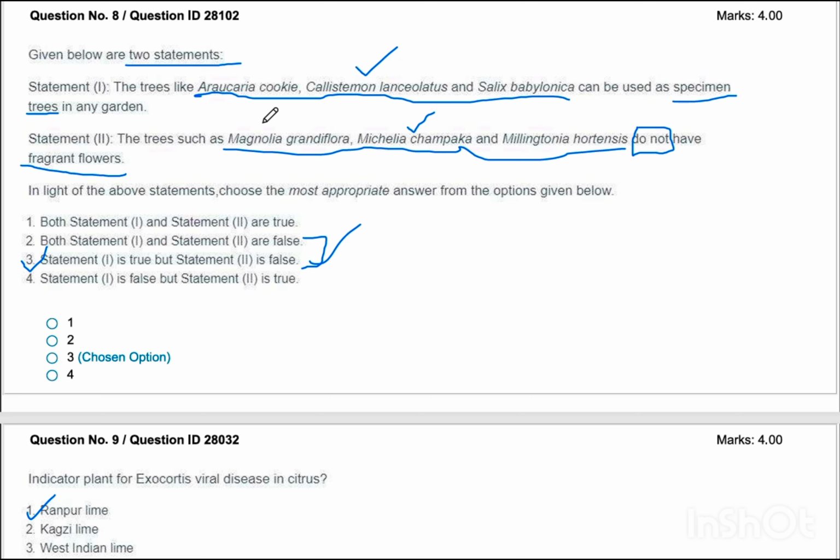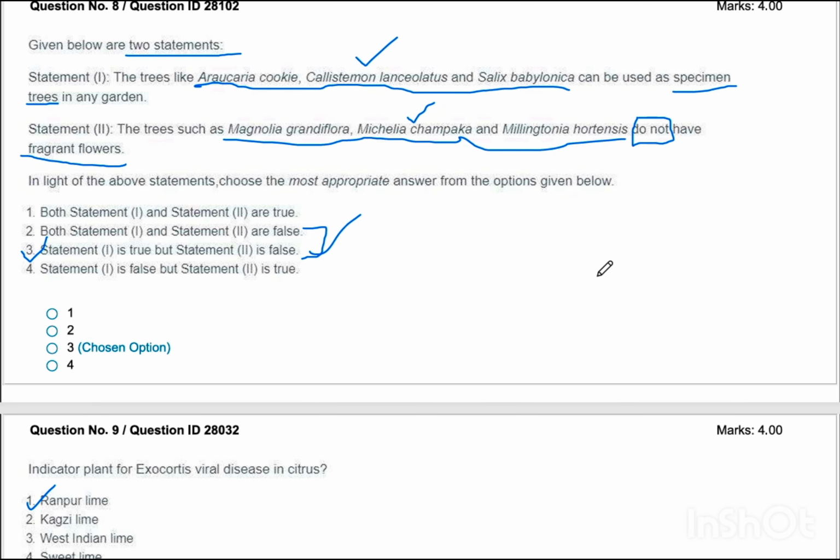This is how you can reach an answer. Whenever you get statement type questions, if you know one statement, most probably you will be able to cut short the number of options and reduce your confusion. So in this case, option number 3 is the right answer. This is the way you have to face a statement type question.